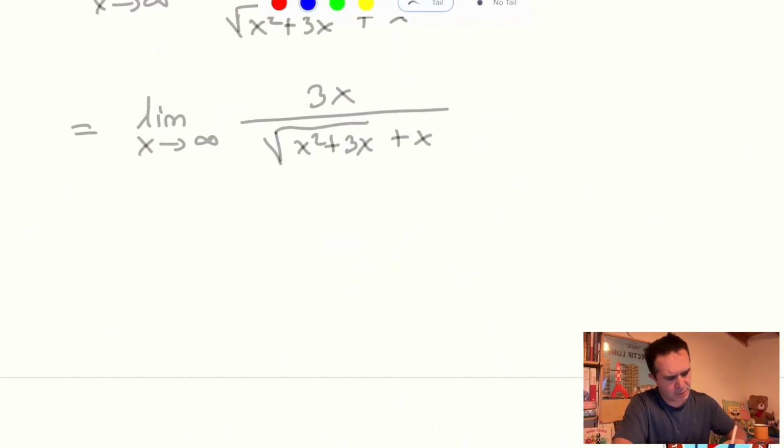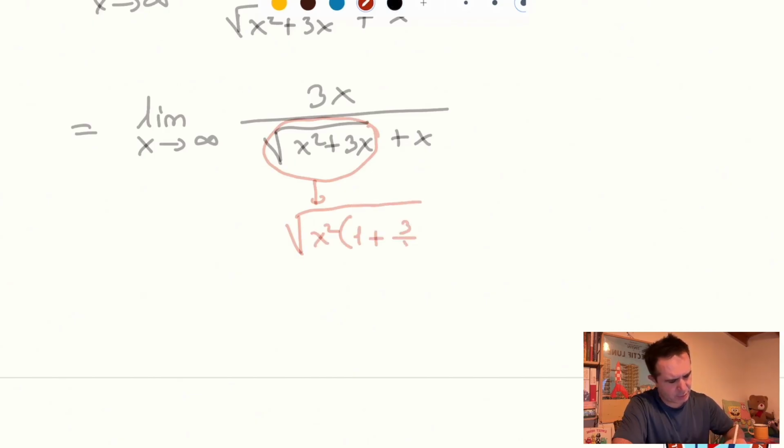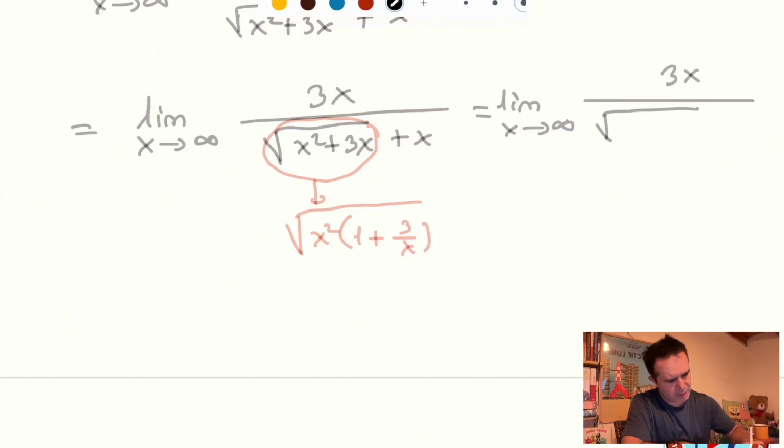And now we can write this as the square root of x squared times 1 plus 3 over x, and this will become the limit as x approaches infinity of 3x divided by the square root of x squared times 1 plus 3 over x, plus x.